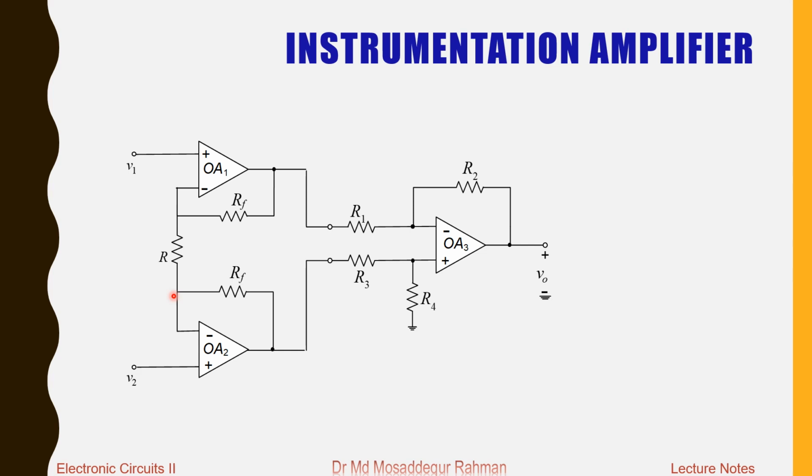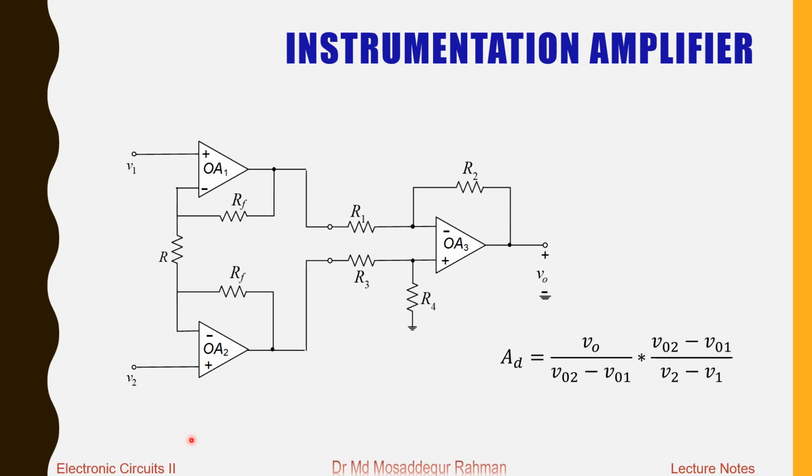Now the question is, what will be the overall gain of this amplifier, and will it be possible to vary the gain if we vary R, because there is only one single piece of this resistance R? In order to answer these questions, we have to look at the gain expression.